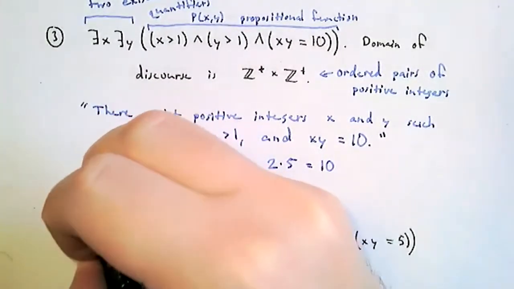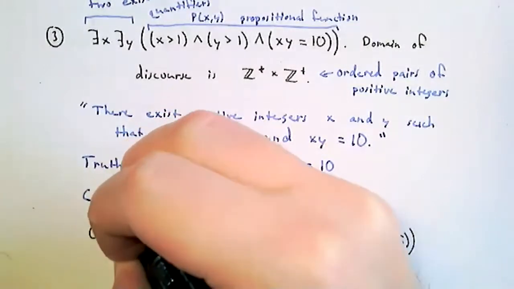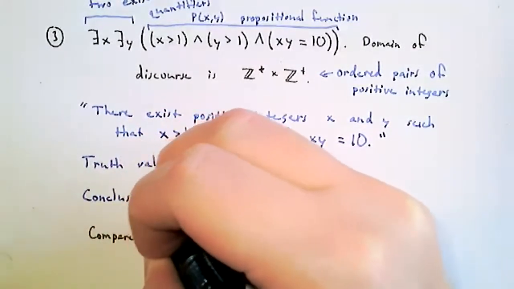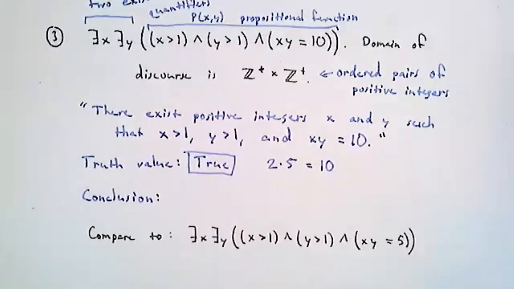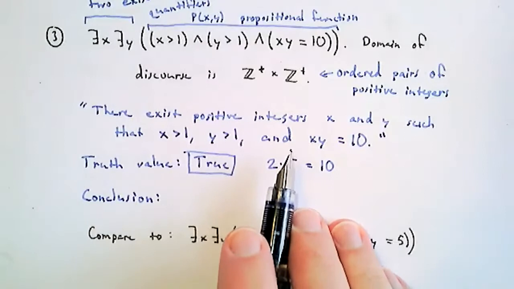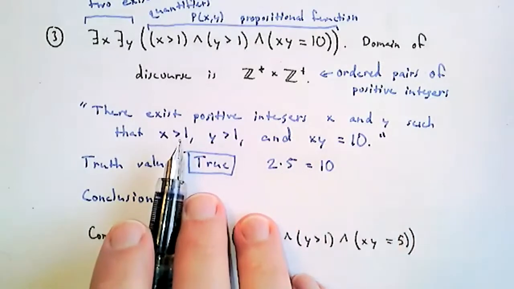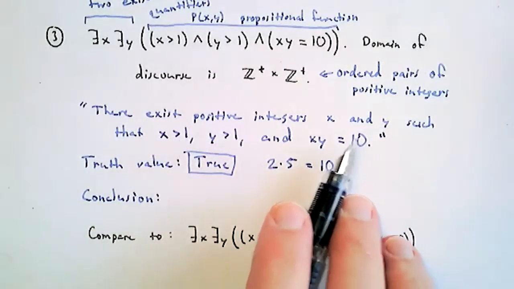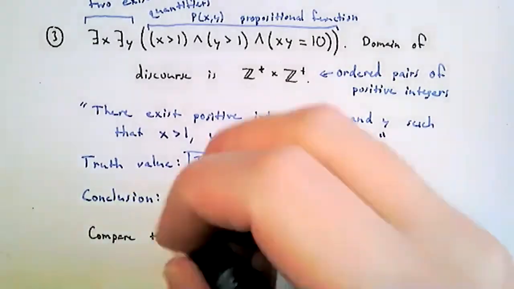And let me tell you what the conclusion of this is, since it might not be totally obvious what I'm getting at. So you have to think back to what prime numbers are. What we're saying here is that the number 10 is not prime.